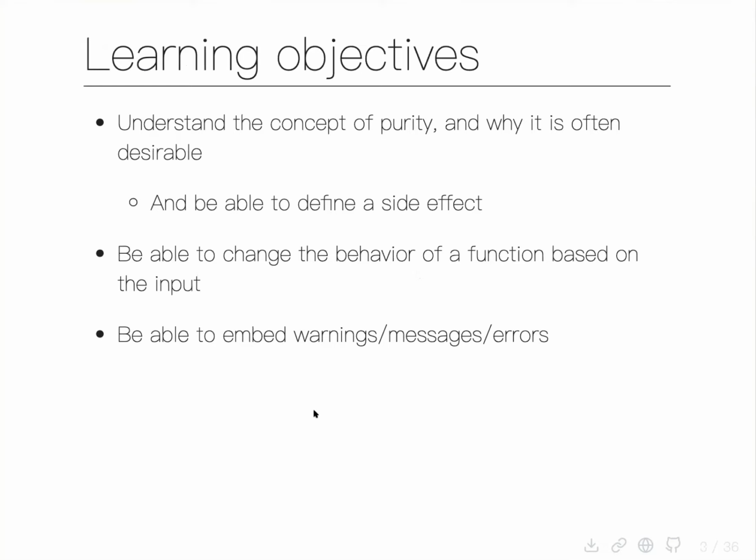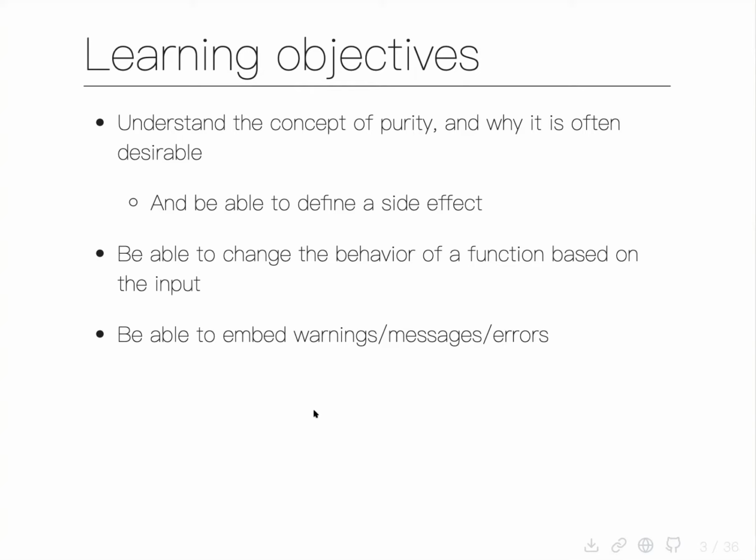Okay, so the learning objectives for this lecture: understand the concept of purity and why it's often desirable, not always, and be able to define a side effect. Okay, so a pure function has no side effects. Well, what is a side effect? All right, we'll talk about that.